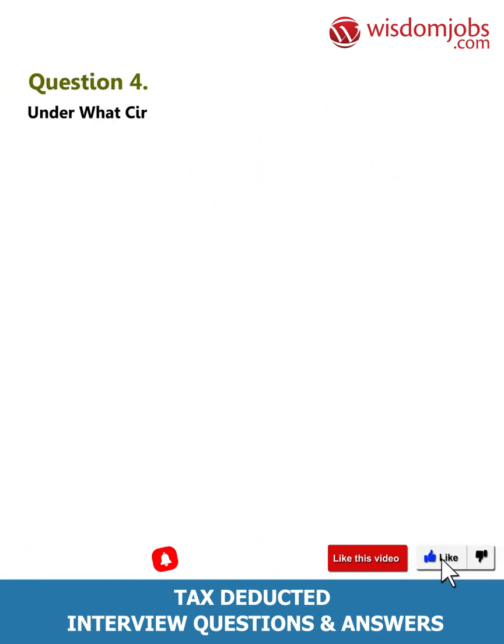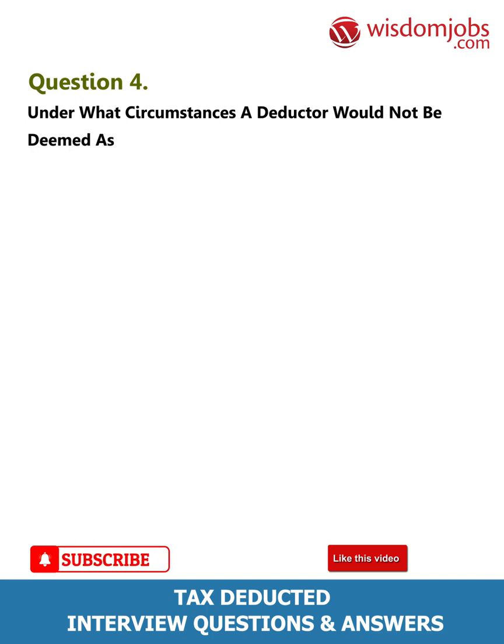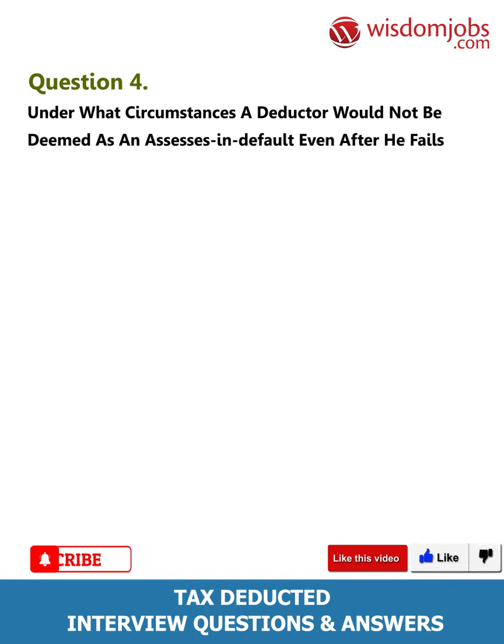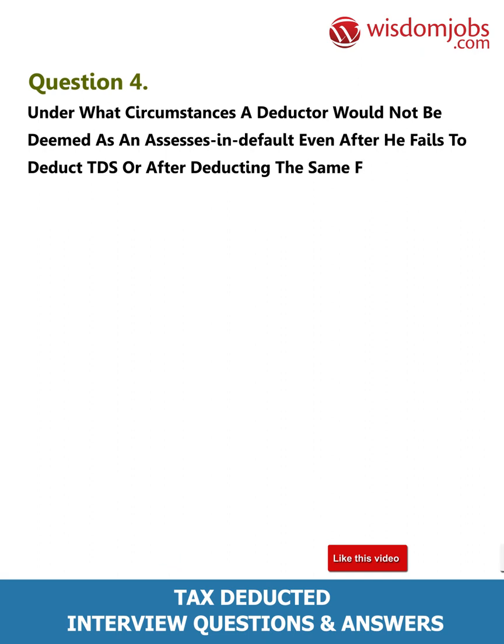Question 4. Under what circumstances would a deductor not be deemed an assessee-in-default even after he fails to deduct TDS, or after deducting the same fails to deposit it to the government's account? Answer.